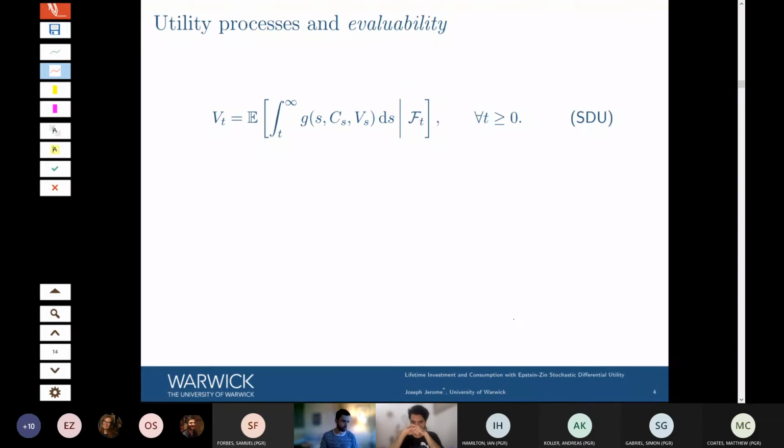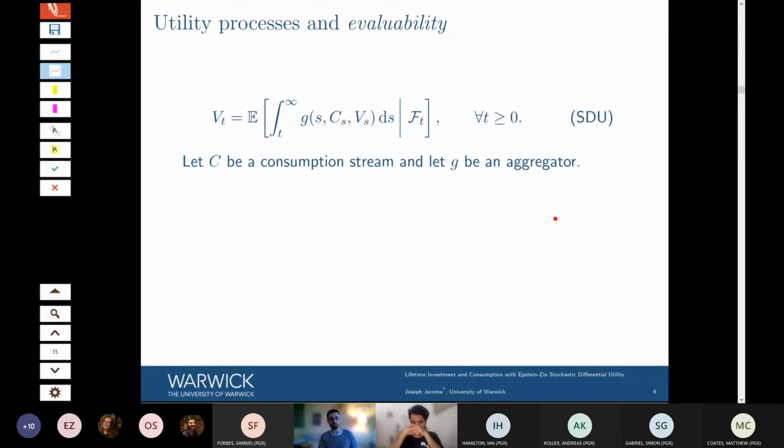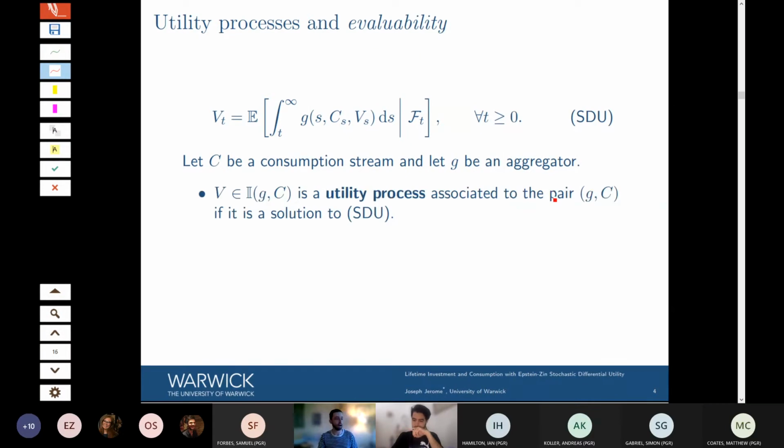So we want to find a solution to this. Let C be a consumption stream, G be an aggregator. We're going to say that V, which is in this integrable set, is a utility process associated to the pair if it's a solution to SDU.